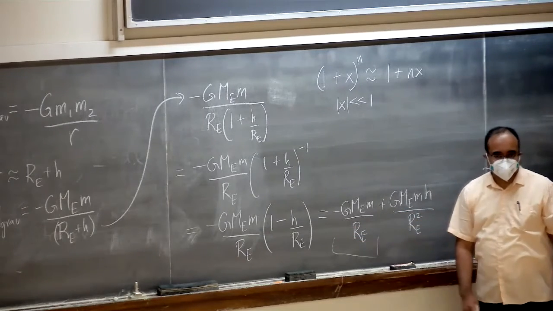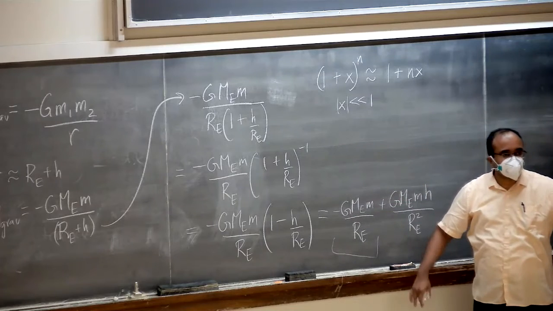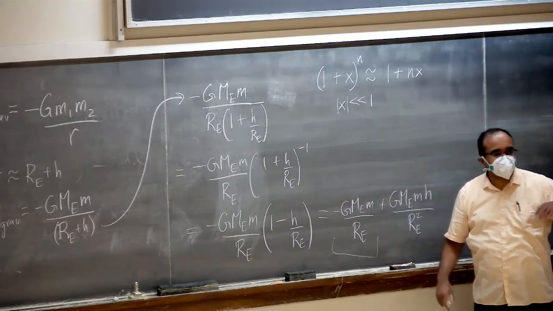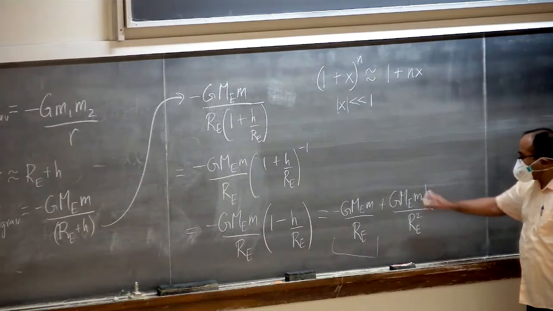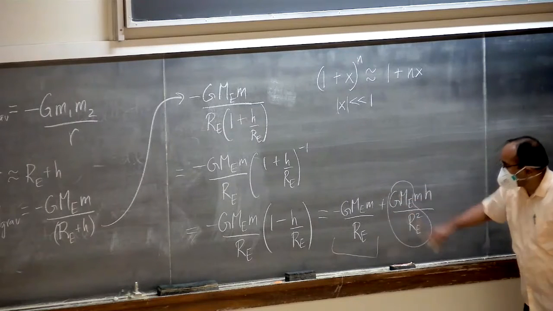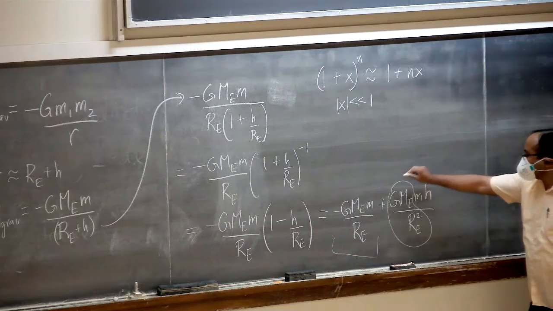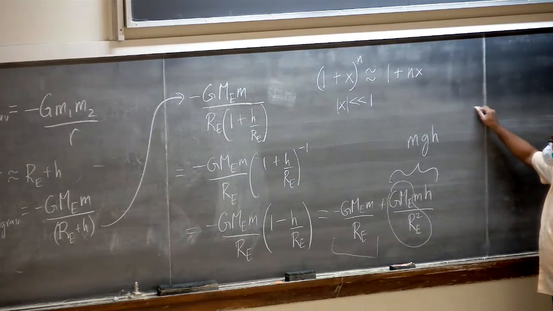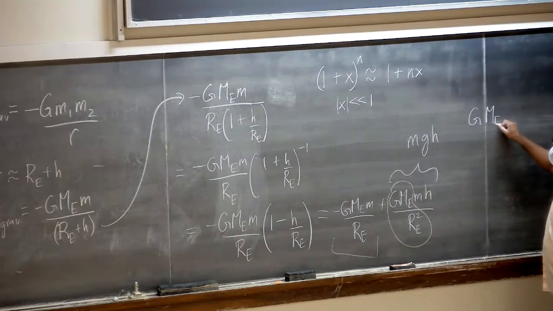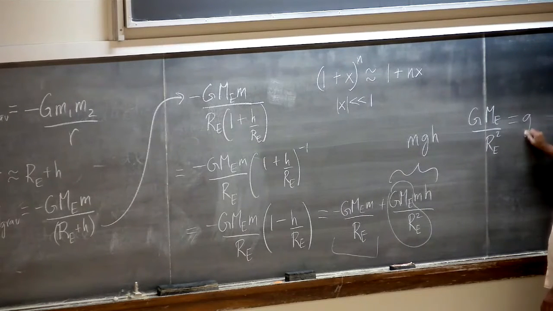This does not depend on height, so it's essentially constant. We can neglect it because you can always choose your zero potential energy to eliminate it. Here, what do we have? We have M, we have H. This is your little g. So this term is your mgh, and so G M E over RE squared is little g.